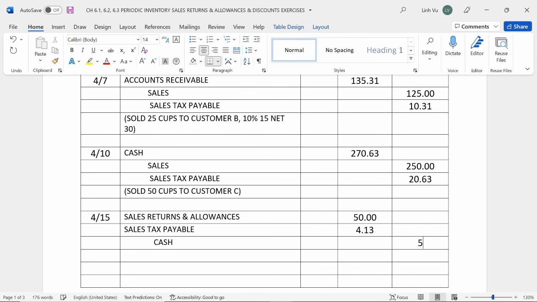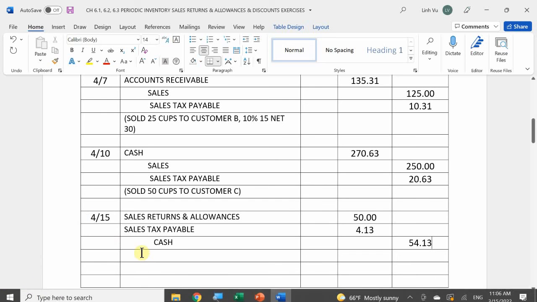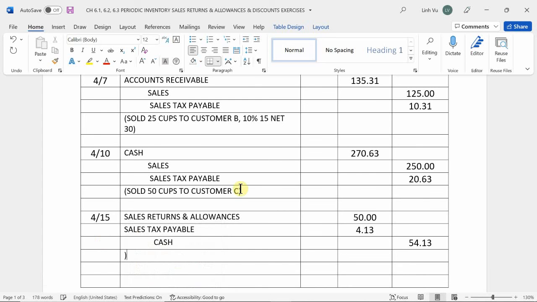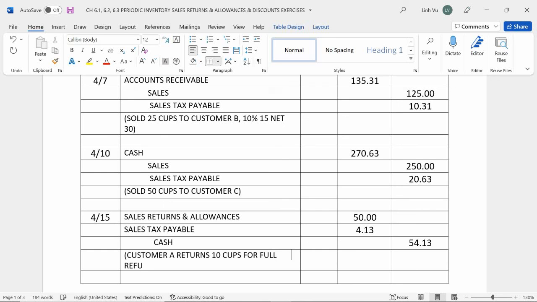So therefore, I'm going to be giving back customer A $54.13. So let me go ahead and put this in here. Customer A returns 10 cups for full refund.